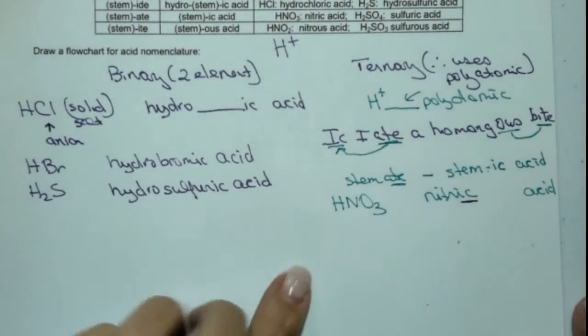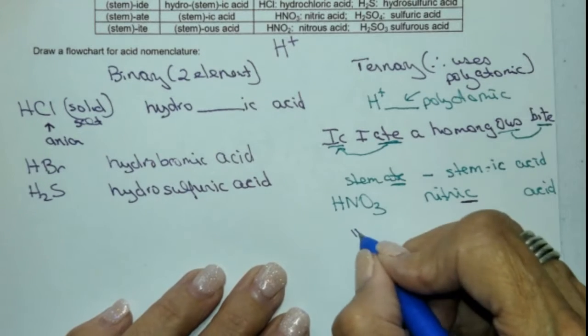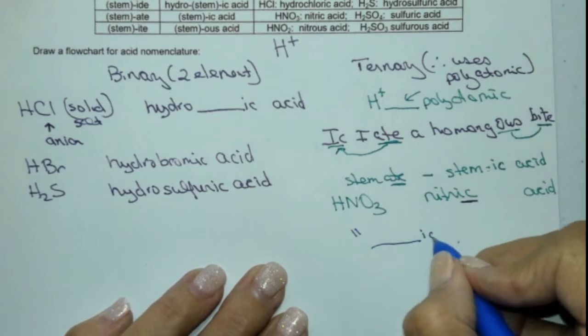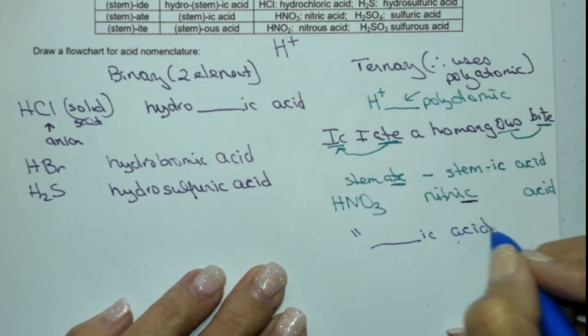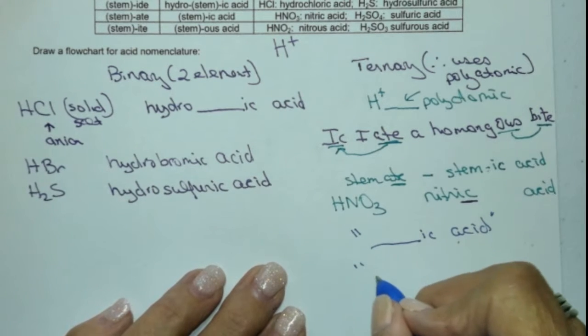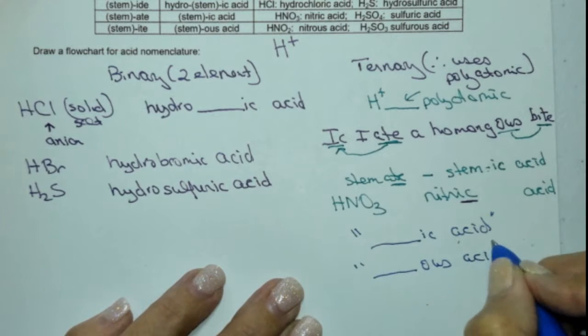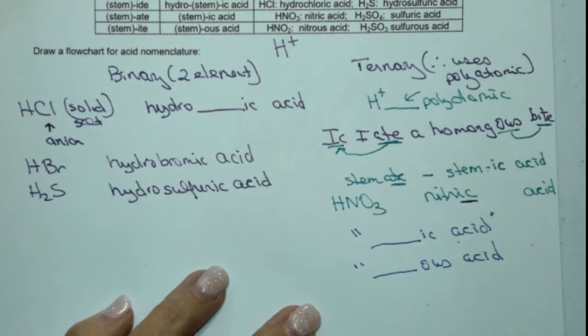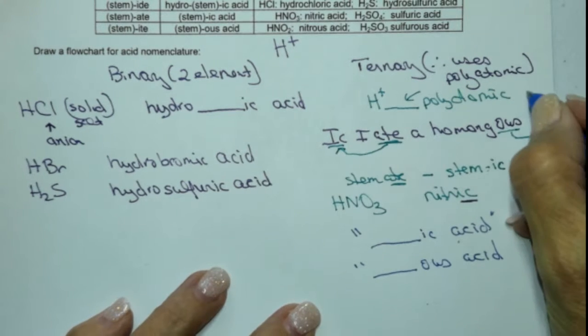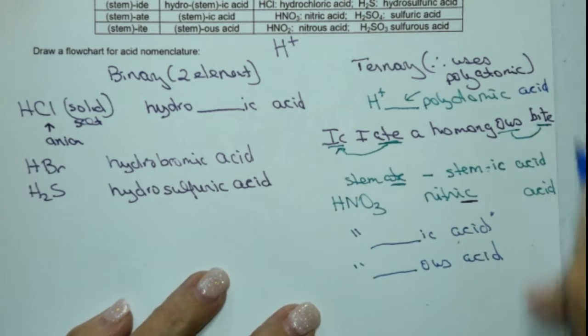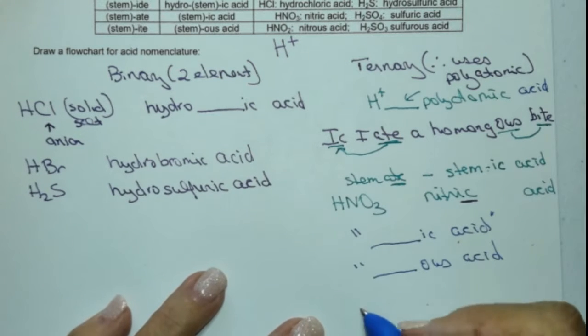So, stem, ic, acid, or stem, ous, acid are the two formats depending on the ending of my polyatomic. So, examples.